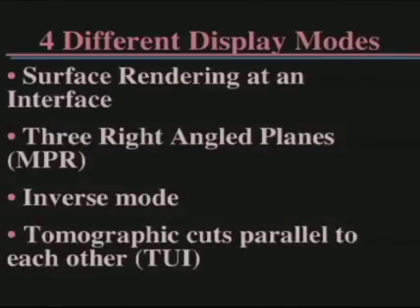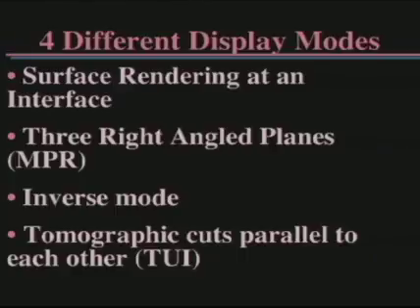So today I just want to talk about really 4 of the main display modes that we have to tease out the sonographic information within the volume. The first one we'll talk about is surface rendering at an interface, and for that you need to have enough fluid at the interface to be able to render a surface. The second one is 3 orthogonal planes.